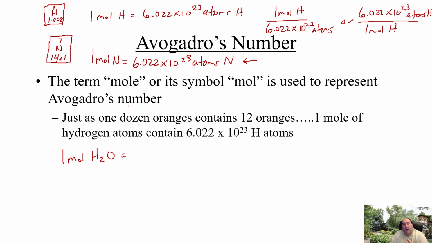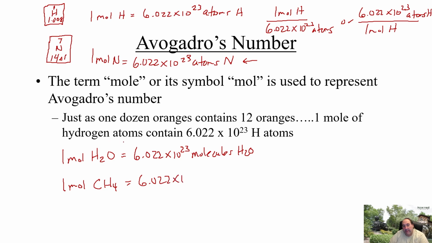If you think about our logic here, I got 1 mole of water, that would represent 6.022 times 10 to the 23 molecules of water. Same thing if I had 1 mole of methane, which is CH4. That would equal 6.022 times 10 to the 23 molecules of methane.